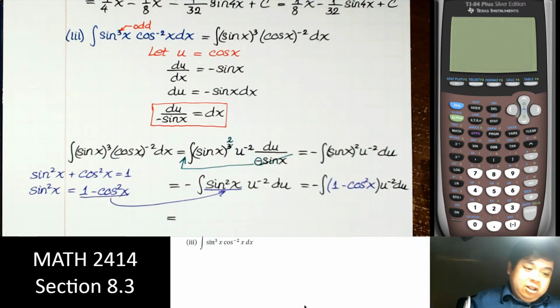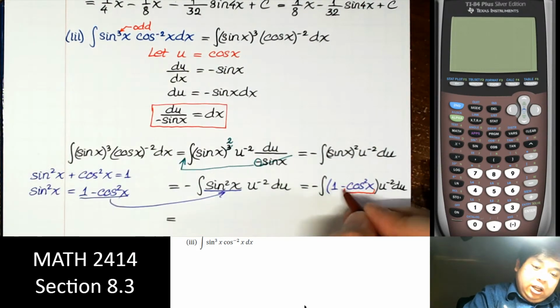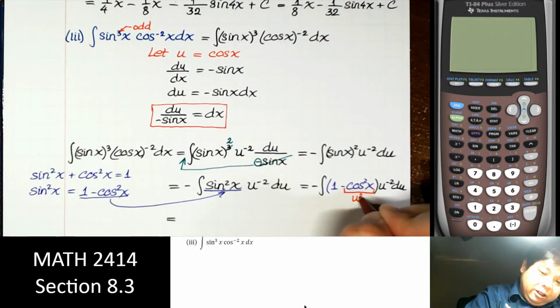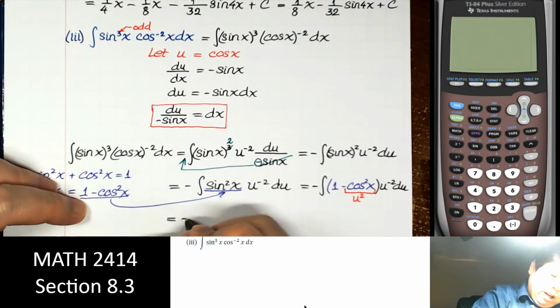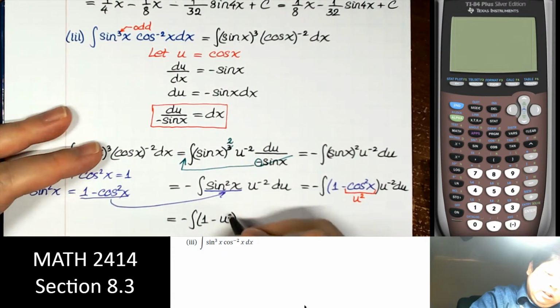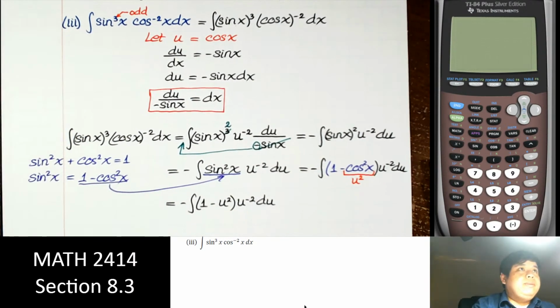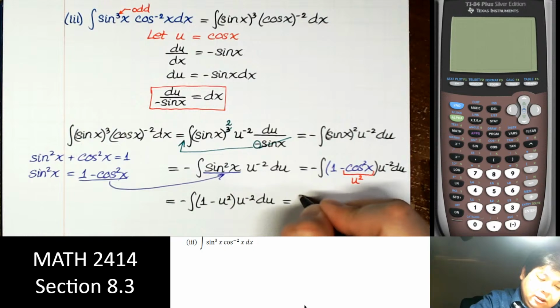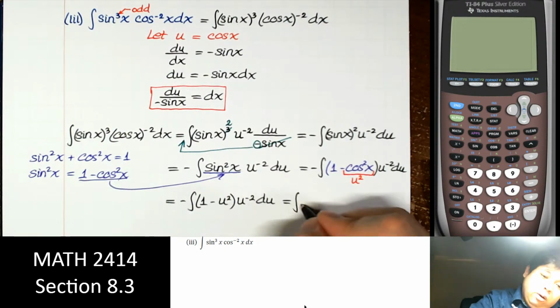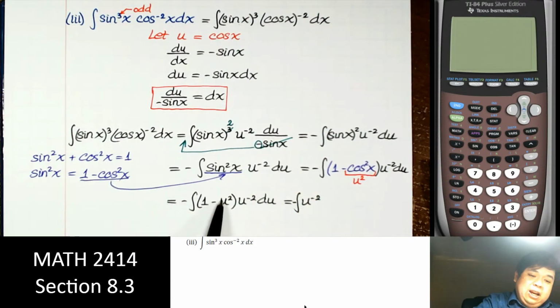And the nice thing about this is cosine square here. u is cosine, so cosine square is u square. So we have negative 1 minus u square, u to negative 2, du. Multiply it out: u to negative 2, and then multiply these two.